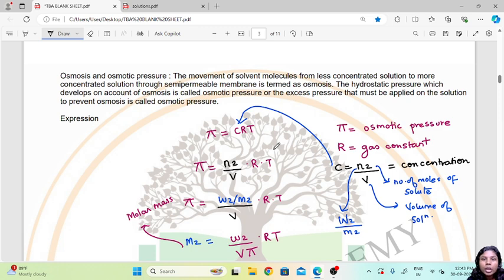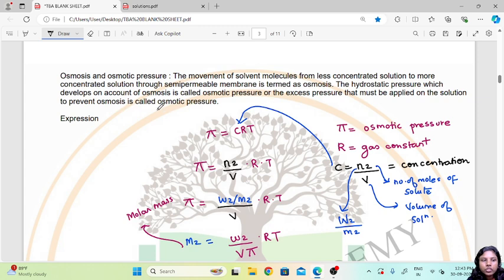So there was no place for those molecules to actually travel. So this membrane is known as the semi-permeable membrane, okay, and this is responsible for osmosis. So the movement of solvent molecules from a less concentrated solution to a more highly concentrated solution through the semi-permeable membrane is known as the process of osmosis.